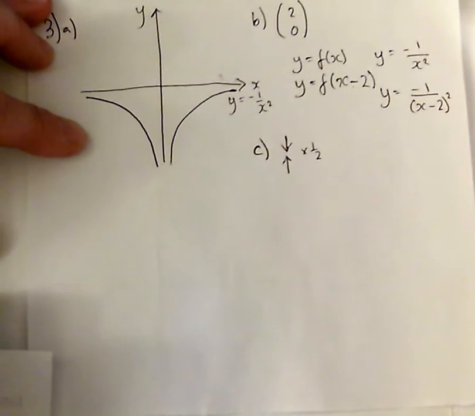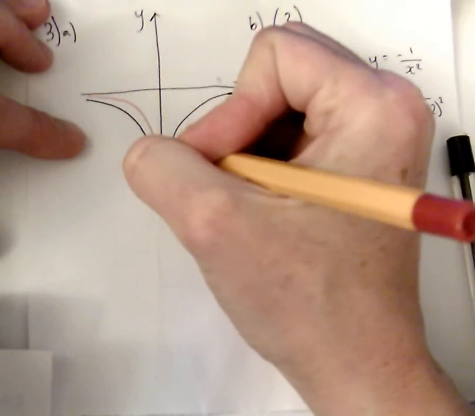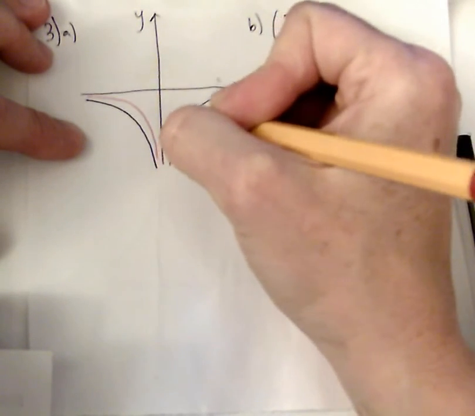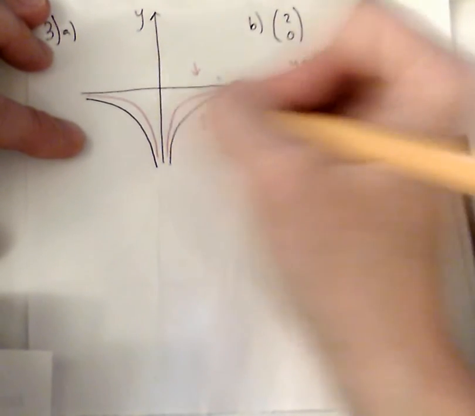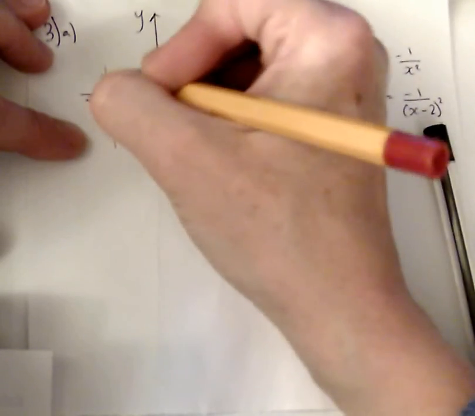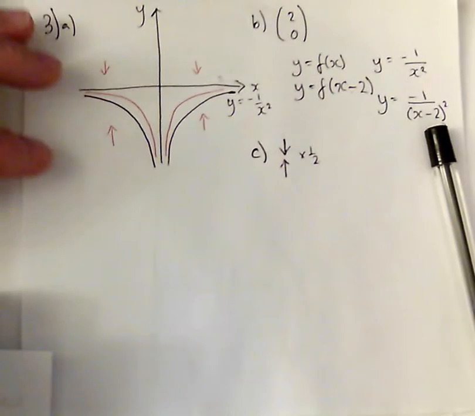So if we think about what that would look like on the graph, we're kind of just squashing it towards the x-axis. All the points are getting squashed in towards the x-axis.